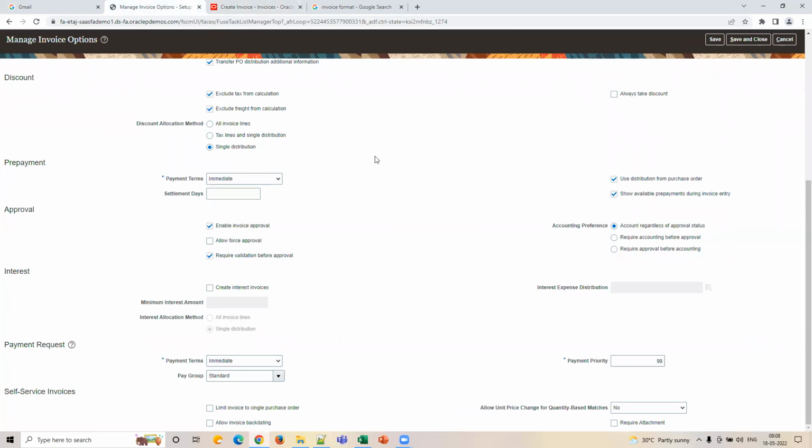This option, what it will do, whether you account or not, whether you transfer or not, you are able to account your invoice whether it is approved or not approved. In general, it is not recommended. Why? Because transferring to the general ledger is a very, very key thing. You cannot do it as it is. So once the invoice is approved by your supervisor, only then can we account it, right?